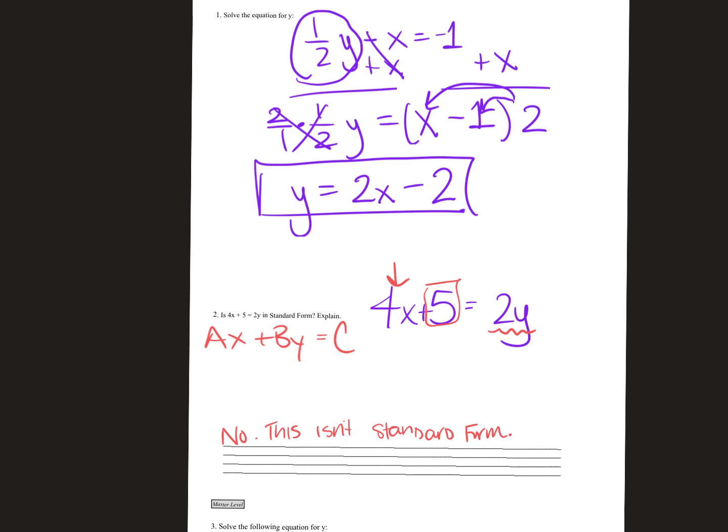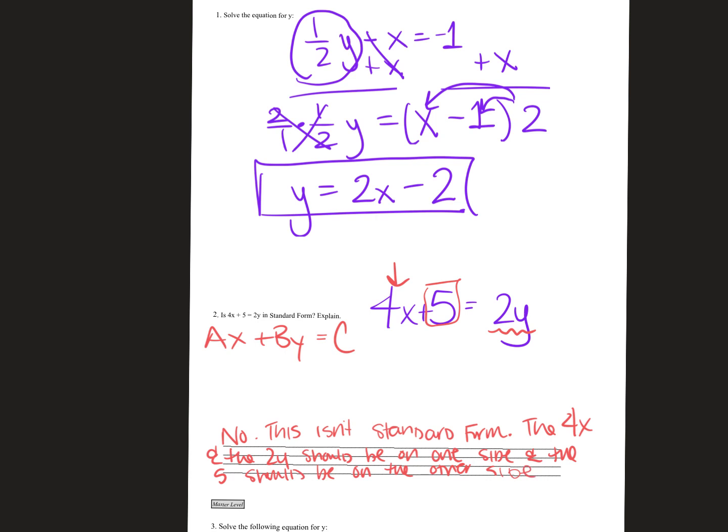Explain. The 4x and the 2y need to be on the same side, and the 5 needs to be on the other side. So the 4x and the 2y should be on one side, and the 5 should be on the other side.